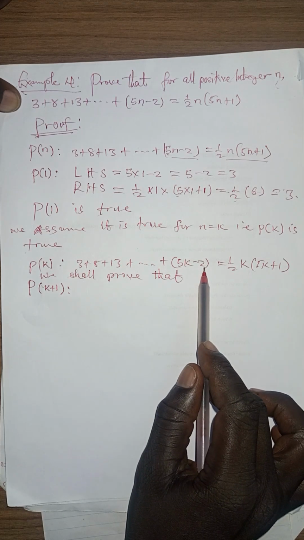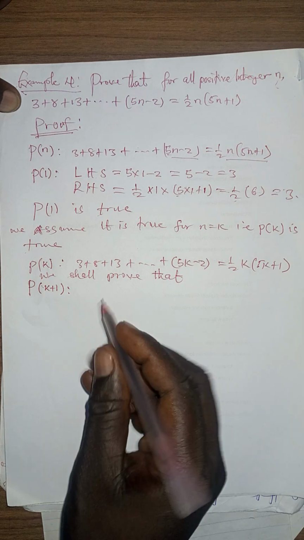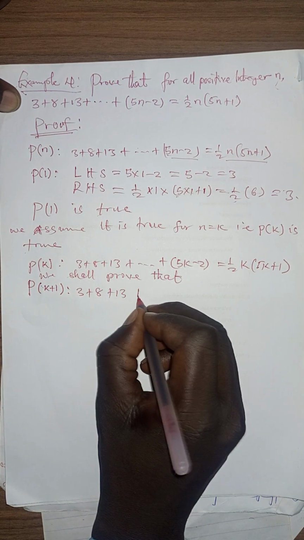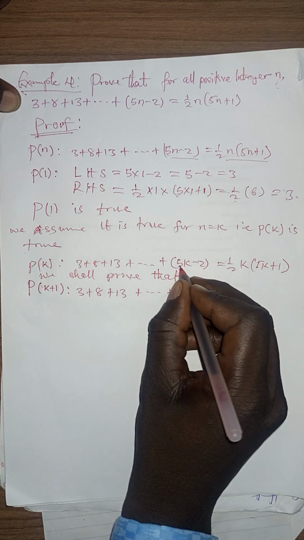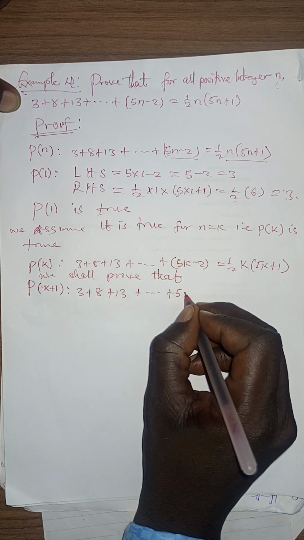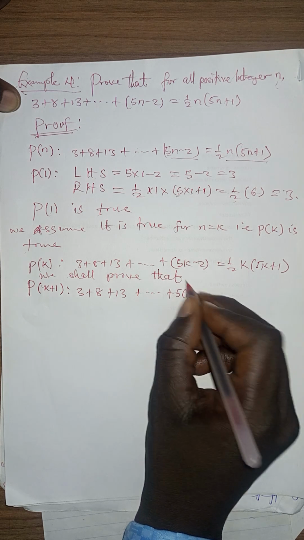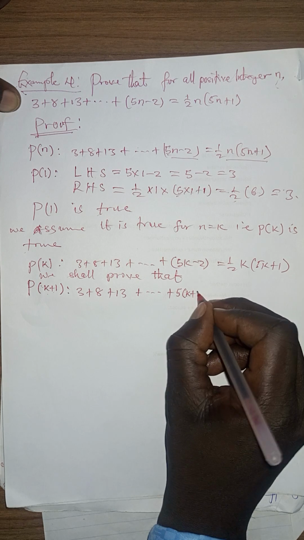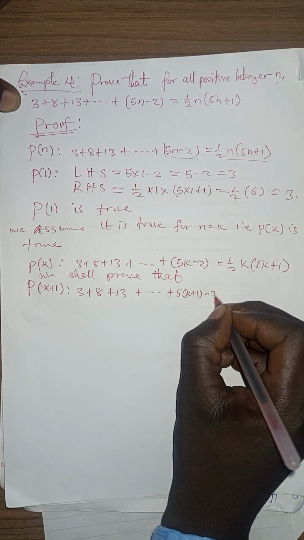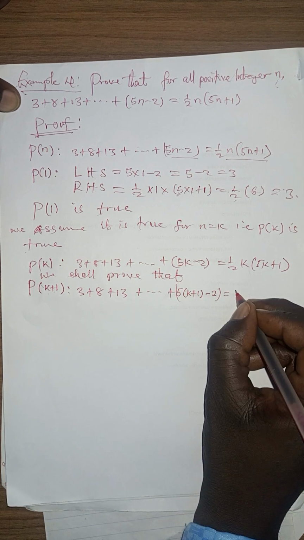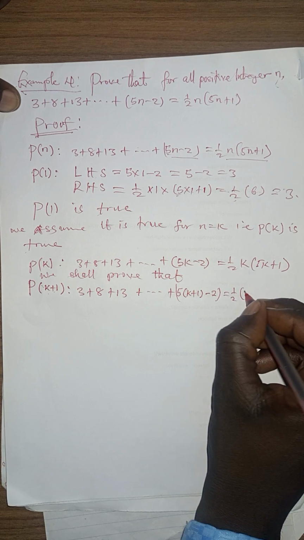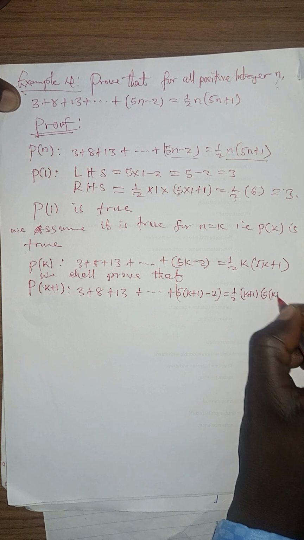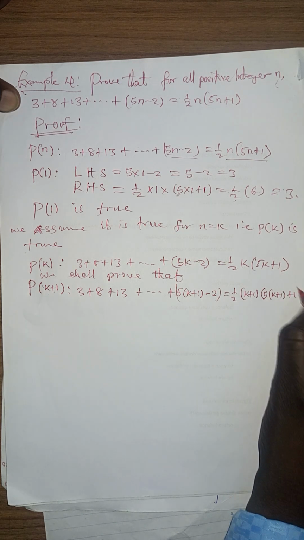Wherever you see k, substitute k plus 1 in the above equation. We have 3 plus 8 plus 13 plus up to plus 5 times k plus 1, because n is equal to k plus 1, minus 2. This is equal to half, instead of k we have k plus 1, and then 5 into k plus 1, and then plus 1.